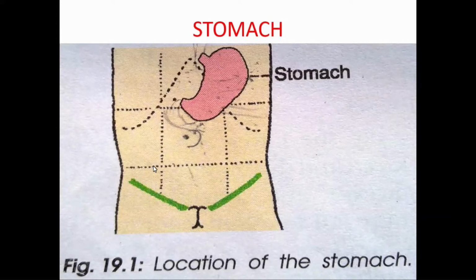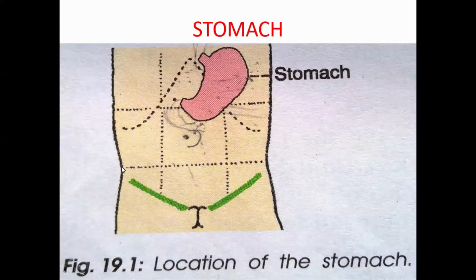Now the second horizontal plane passes through the tubercle of the iliac crest. You know where it lies, by surface anatomy: 5 cm behind the anterior superior iliac spine, there is the tubercle of the iliac crest.